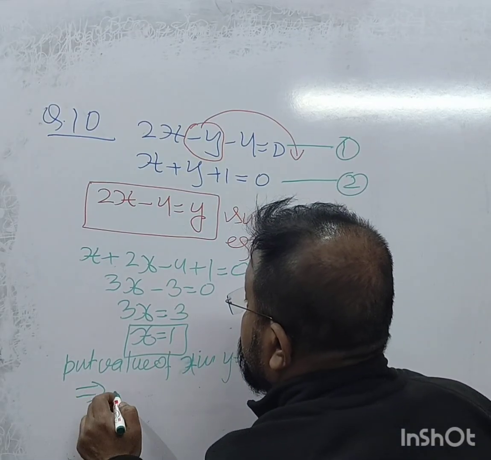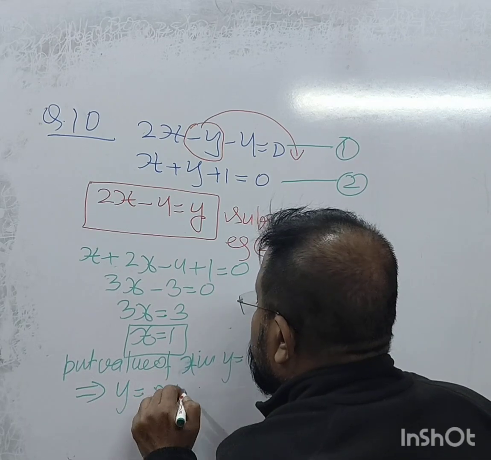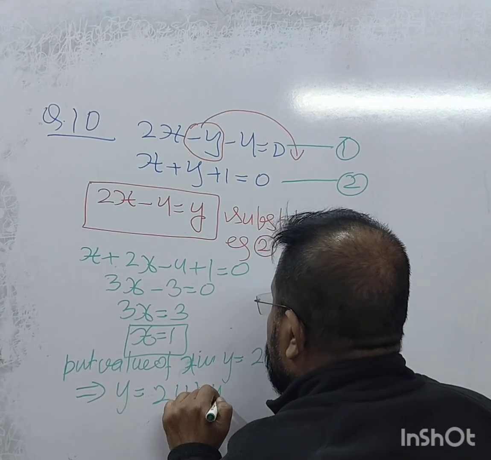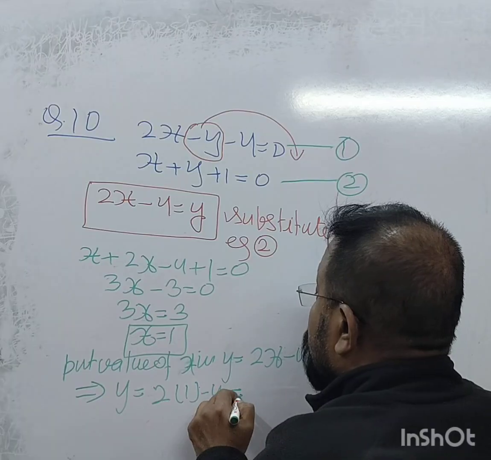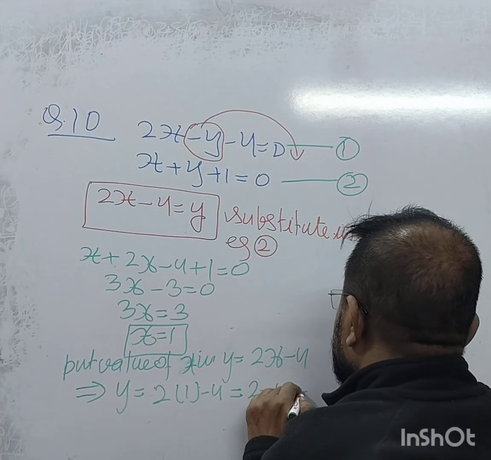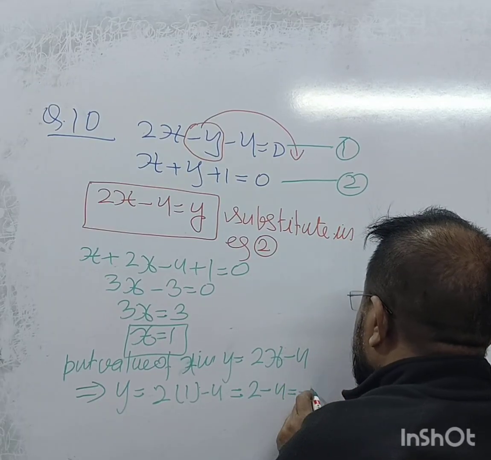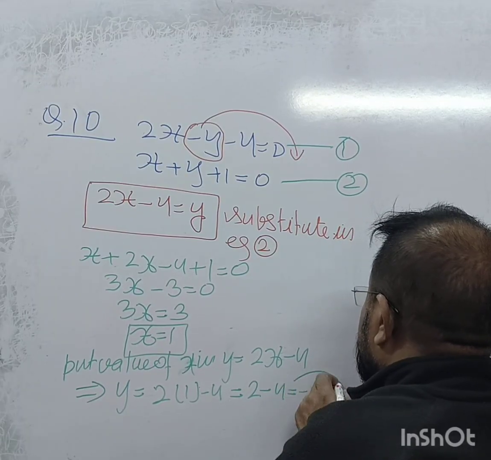Then y is equal to 2 into 1 minus 4, which is 2 minus 4, becomes minus 2. Right?